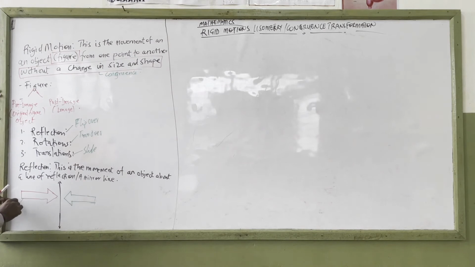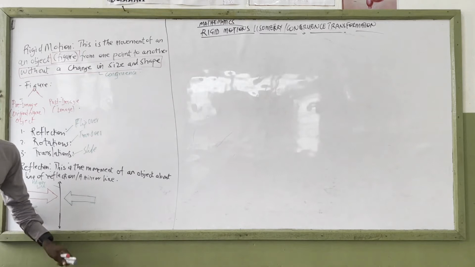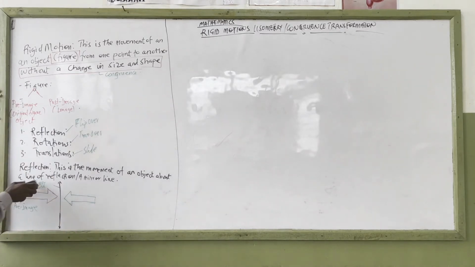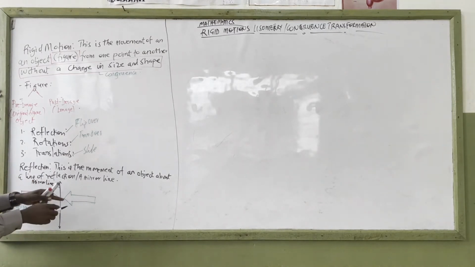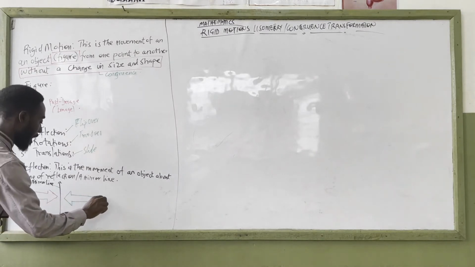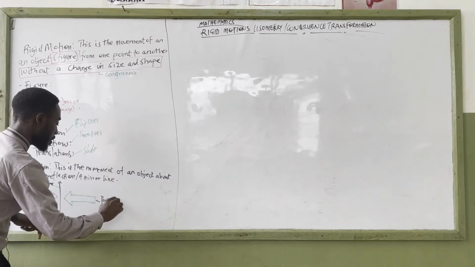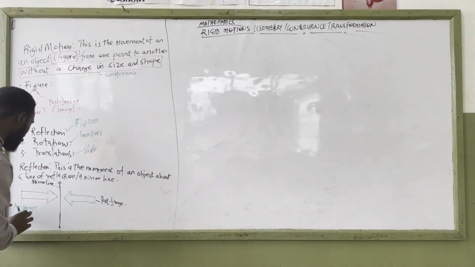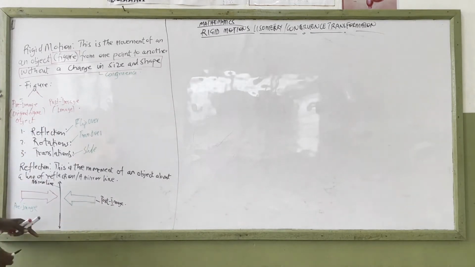So this becomes our pre-image, and this is our mirror line, also called a line of reflection, and this becomes our post image. So pre-image, mirror line, and then our post image.